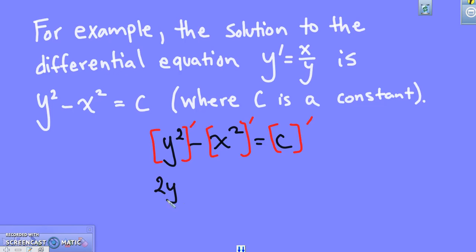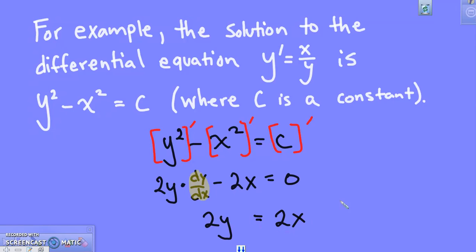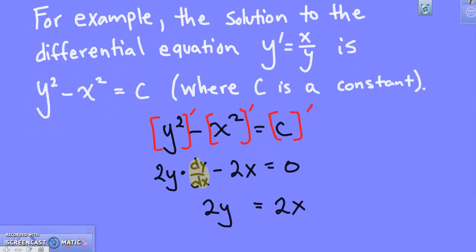So this is 2y times dy dx minus this one right here is just 2x, and then the derivative of any constant is just 0. So if we want to solve for dy dx, we want to isolate it. So I'm going to add 2x to both sides to get 2y times dy dx is equal to 2x.